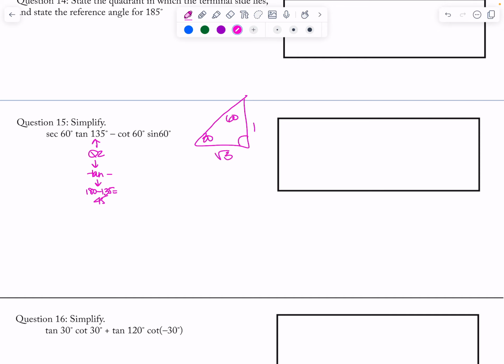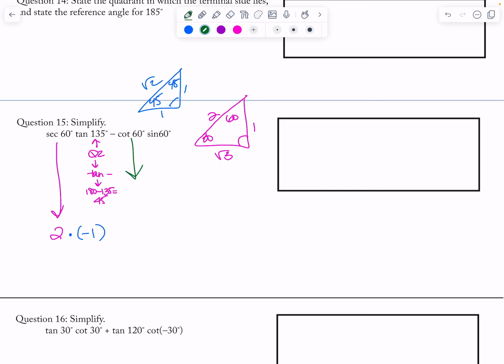Root 3, 1, and 2. So secant of 60 degrees is going to be 2. Then tangent of 135 degrees, tangent of 45 degrees, if I were to draw my 45-45-90 triangle, 1, 1, root 2, so tangent is going to be a negative 1.